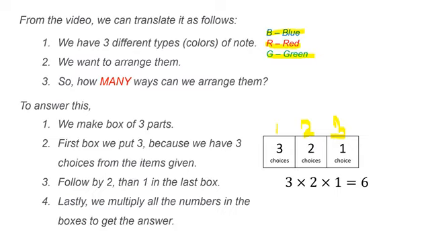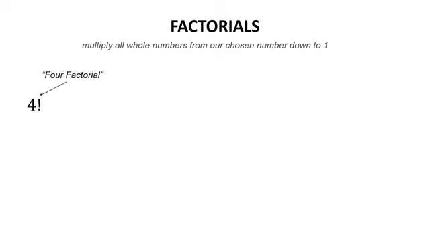Now, factorials. What is a factorial? A factorial is when we multiply all whole numbers from our chosen number down to 1. Let's see the example. This we call 4 factorial.